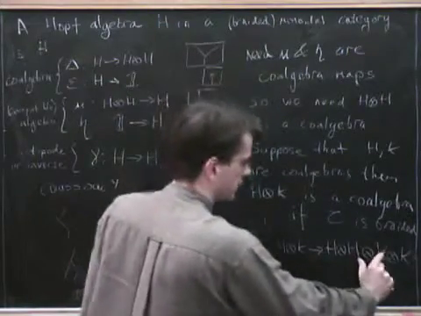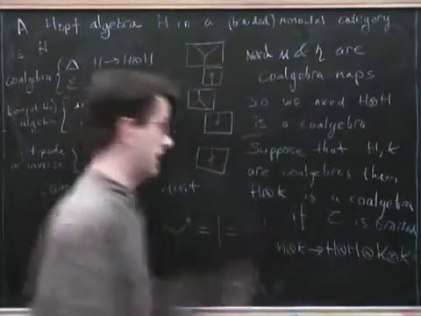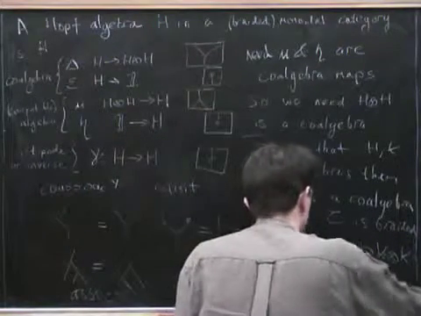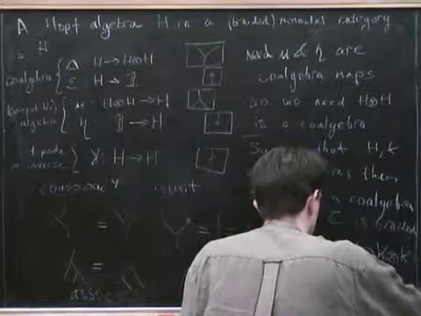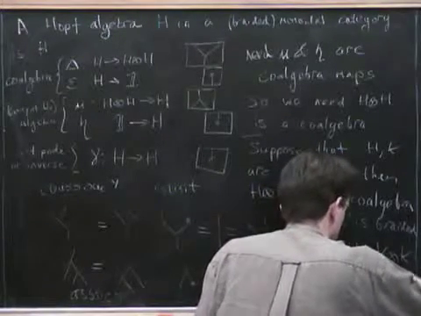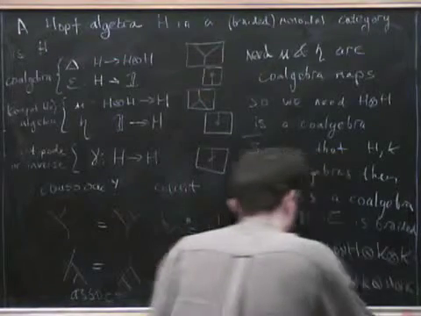So we want to be able to switch these two round, and that is exactly what you get in a braided monoidal category, using the braiding.